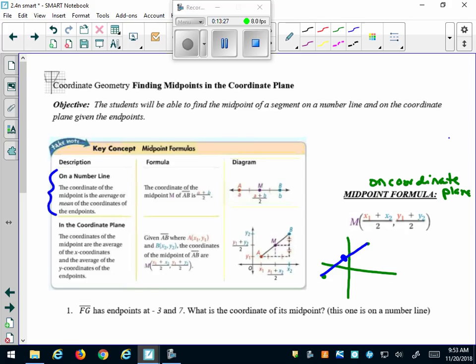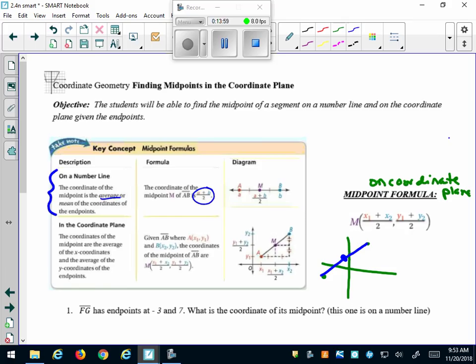If you get 100 on a test and 80 on a test, your average is the halfway point between 80 and 100. So to get the average, add them up and divide by, in this case, 2, because there's 2 numbers. So on a number line, you're really just finding the average of the 2 numbers. It's just going to be A plus B over 2. In other words, add the 2 numbers together, divide by 2.